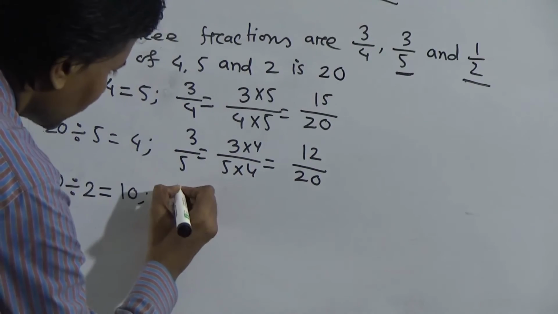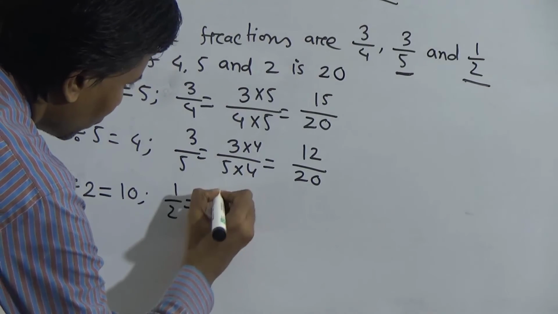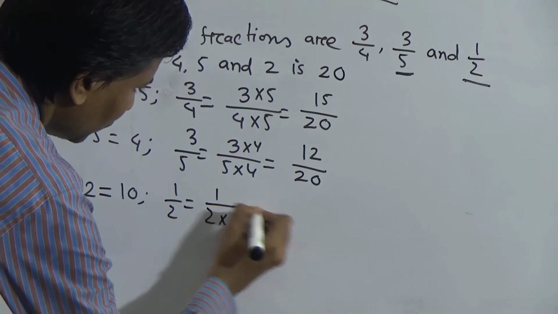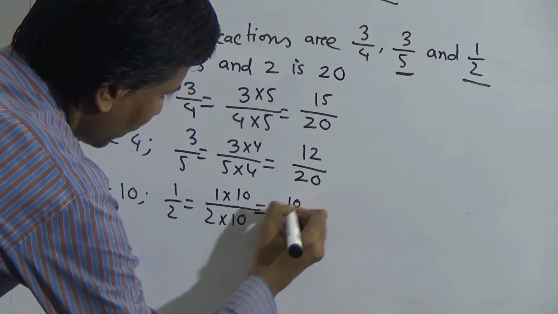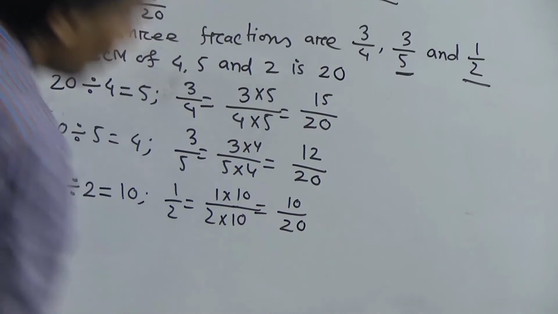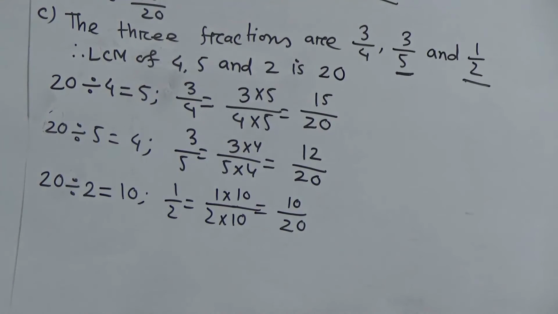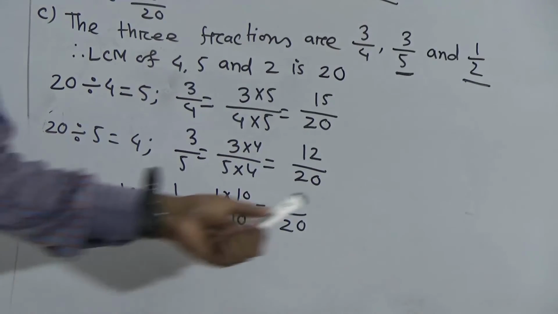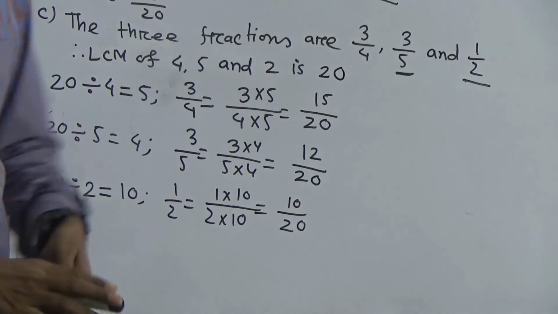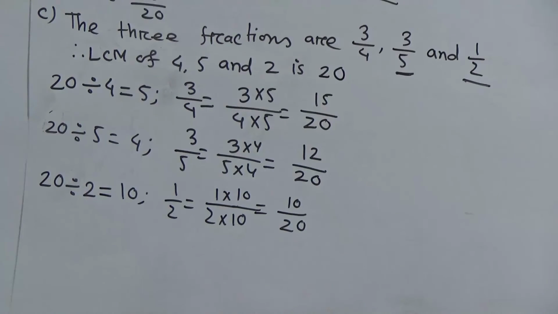Right here 1 by 2 equal to 1 by 2 into 10, 10 by 20. Okay, dear student, here the denominator is 20, here the denominator is 20 and here also the denominator is 20.